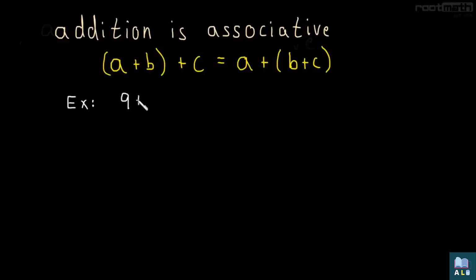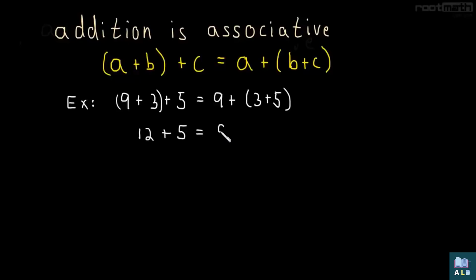So let's see an example. 9 plus 3 plus 5. And we'll do 9 plus 3 as a group. Well, this is equal to 9 plus the group 5 plus 3, or 3 plus 5. So 9 plus 3 is 12 plus 5, and then on the other side we're going to get 9 plus 8. 12 plus 5 is 17, 9 plus 8 is 17, and so we can see the associative property in action.